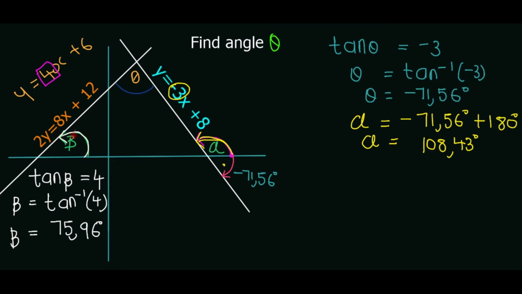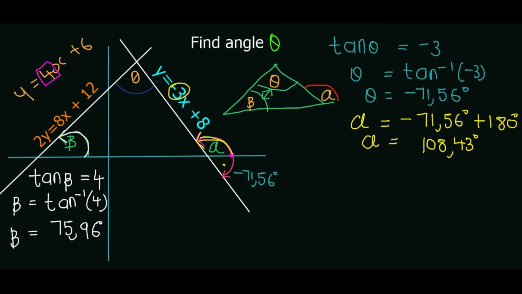Because this gradient is positive, there is no need to add 180. So now we can draw this kind of shape, where this is angle theta, this is angle beta, and this is angle alpha. From here this is a triangle, and this angle is the exterior angle of this triangle, because exterior means outside. So from the knowledge of the exterior angle of a triangle, it equals the sum of the opposite interior angles.